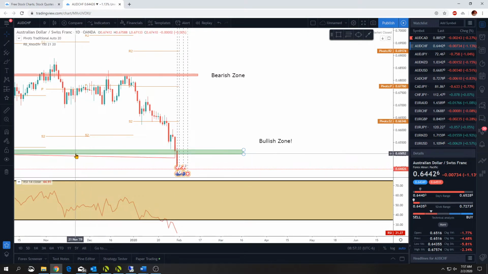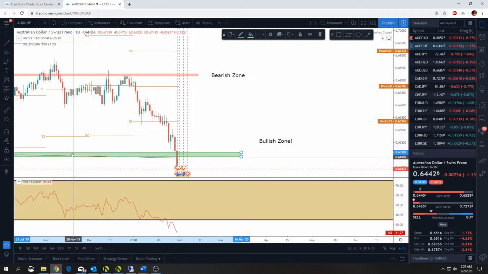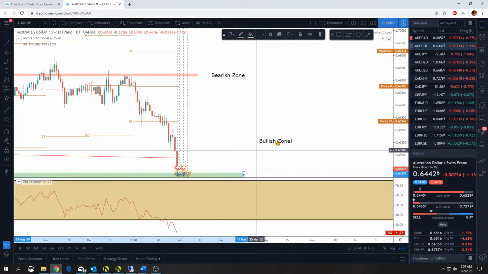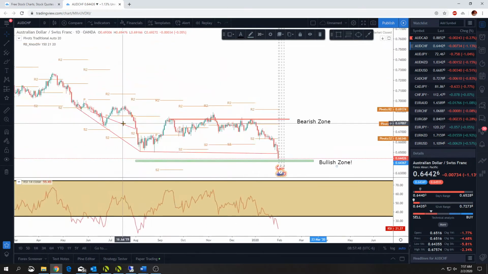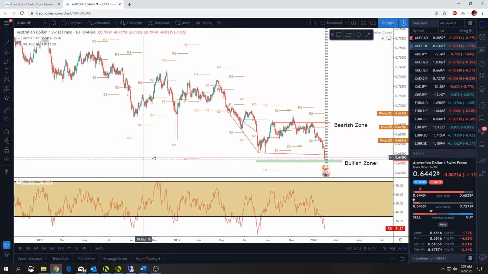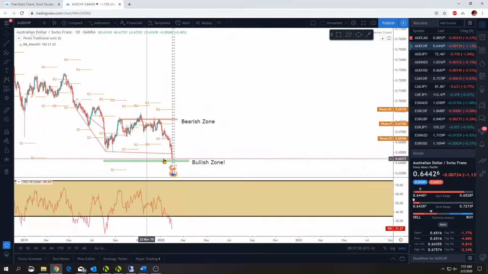So obviously, there's really nowhere we can pick a bullish area other than we just have to wait. I mean, this one's going to be a tricky one. I'll probably just stay away from this pair. This has been in a downward trend for a long time, but I'm a pullback trader, so I'm going to be looking for a good pullback.